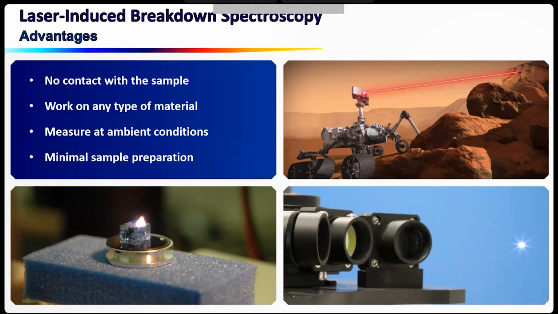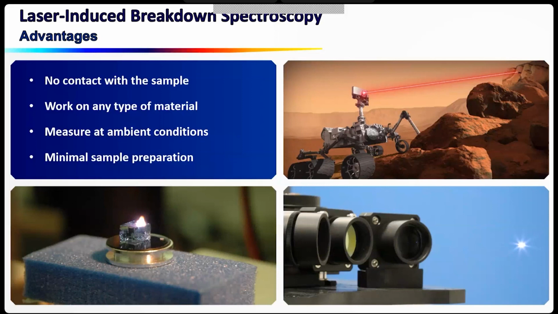For example, for Mars, you can see on this photo that the surface of Mars is very dusty. You have dust everywhere, covering all the rocks. So the advantage here is that with laser ablation, you can shoot several times at one position on the rocks.